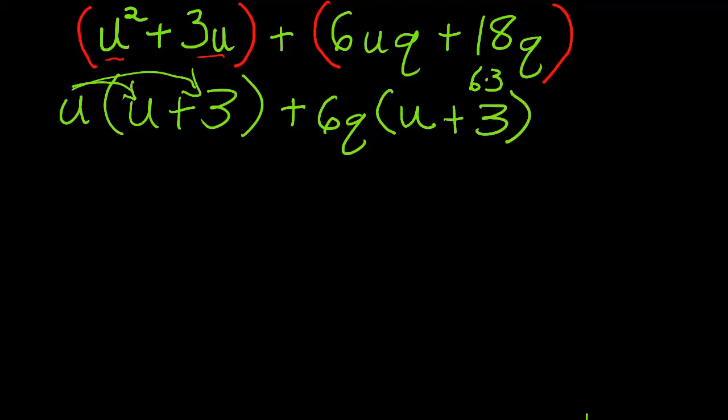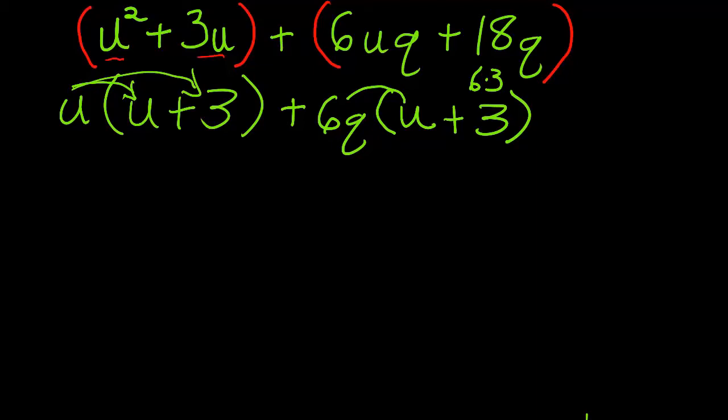And again, yes, you can distribute the 6q to the u. That will give you 6qu, or 6uq. And you can take the 6q and multiply it by the 3, and you'll get 18q, which is what you started with.